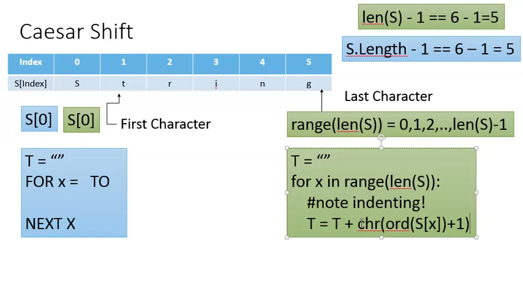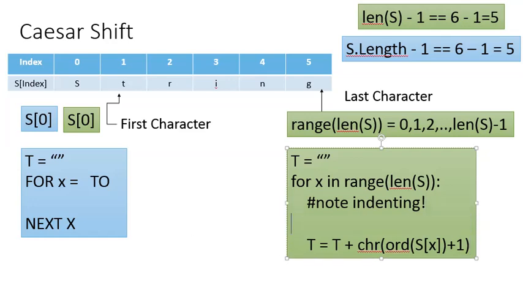So t will be a new string built up from the string s, where every character has been shifted one place over.